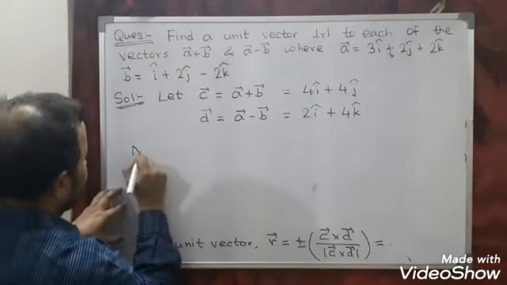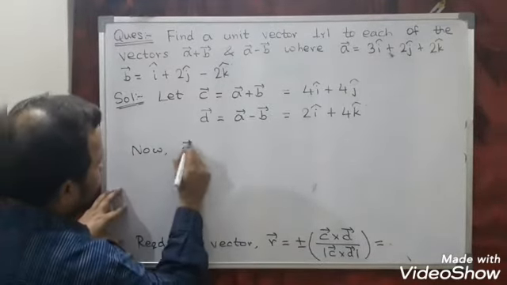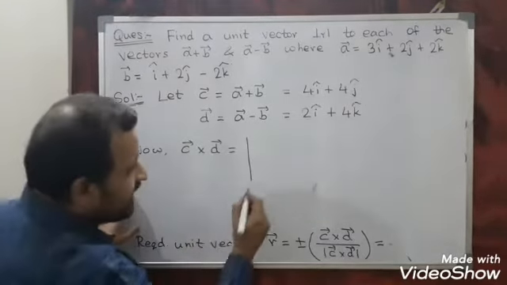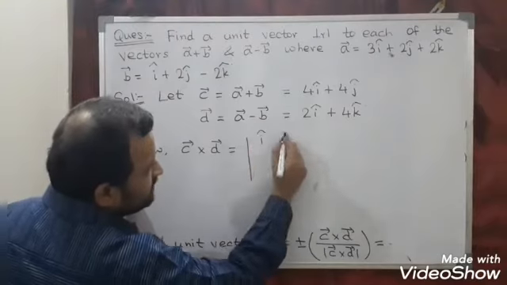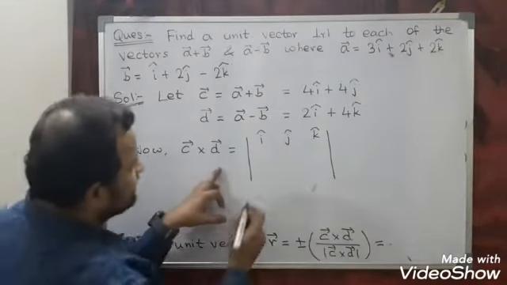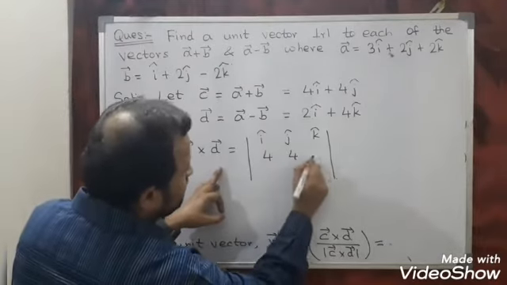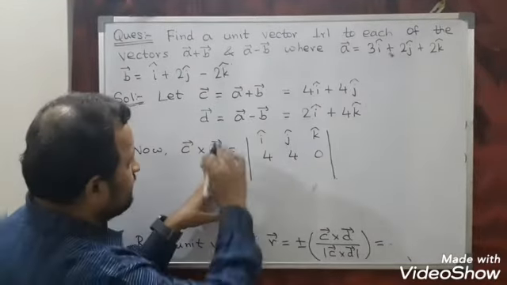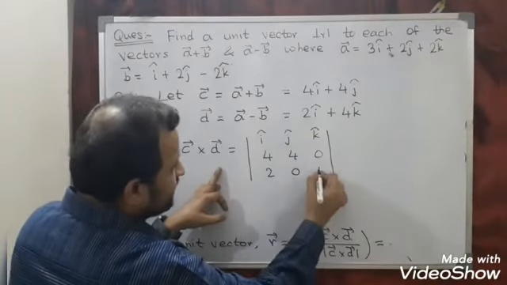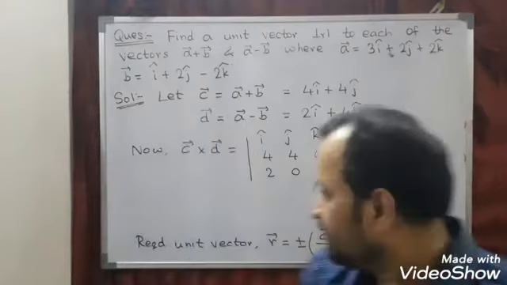So next we have to find the cross product. Here I can say C vector cross D vector is equal to the determinant of i, j, k. So tell me what is C vector? 4, 4, 0. Next D vector, it is 2, the j component is 0, and here 4. Now expand this.